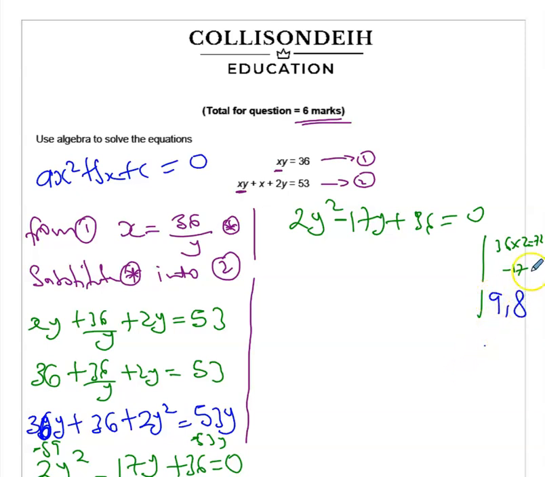Because 9 times 8 will give us the 72, but what do we apply to the 9 and 8 so the sum will be minus 17? Yeah, we apply a negative to both. So we rewrite this as 2y squared minus 9y minus 8y add 36 equal to 0.